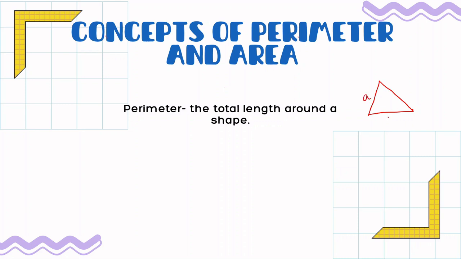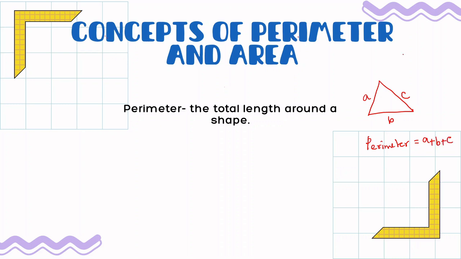They are A, B and C. So what will be the perimeter? The perimeter will be the total length around the shape. So it will be A plus B plus C.